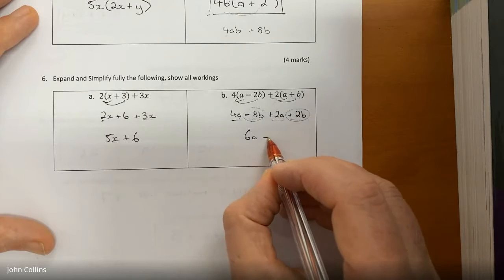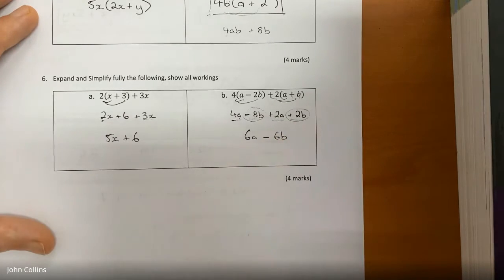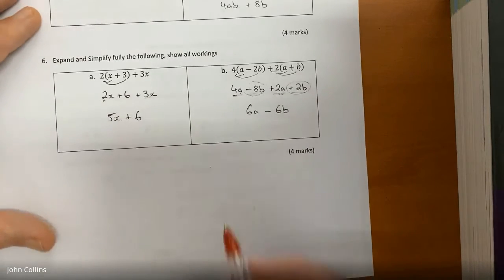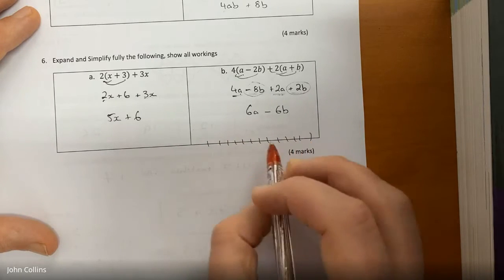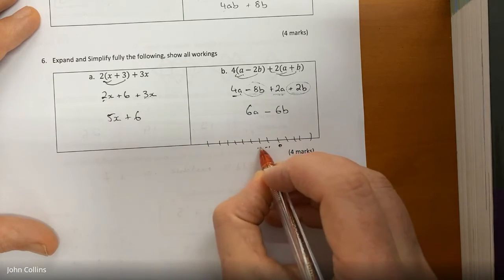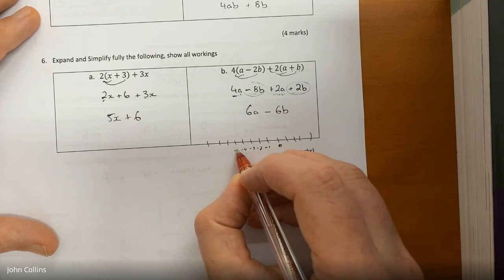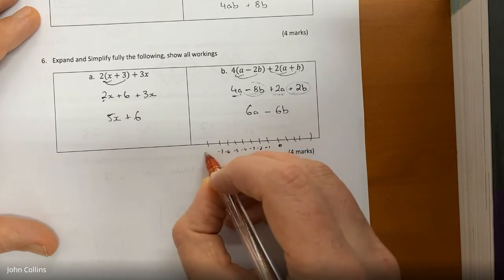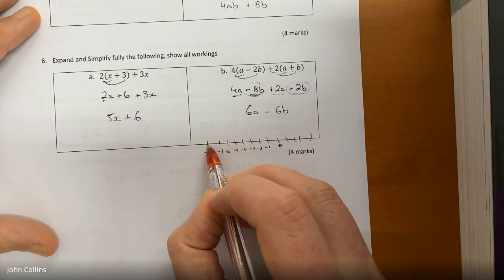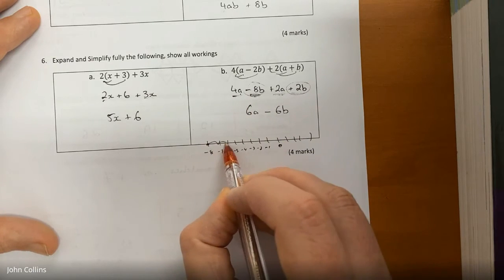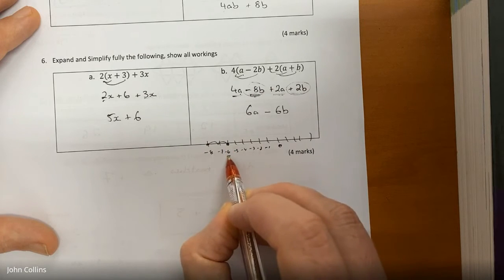Either way, you're going to get negative 6B's. So if you want, you can draw a number line in here. So you're starting at negative 8B's. So negative 8, and then you're adding 2. So you go this way, and you end up at negative 6.